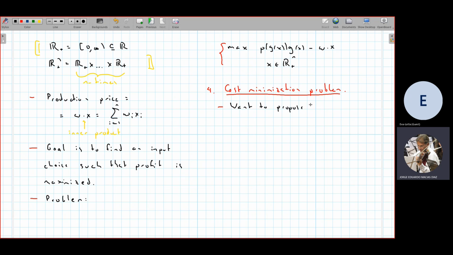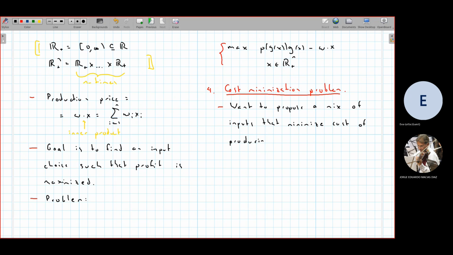Okay, so we want to propose, as I said before, a mix of inputs that minimize the cost of producing at least a certain amount of units of output.